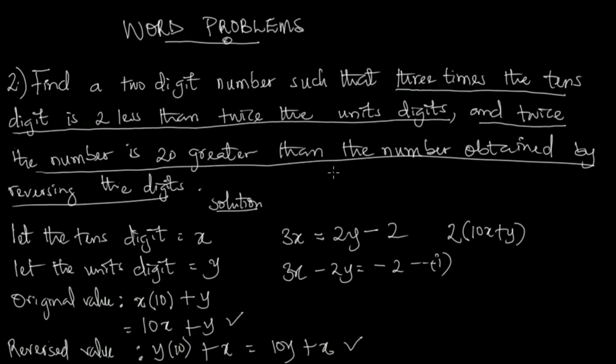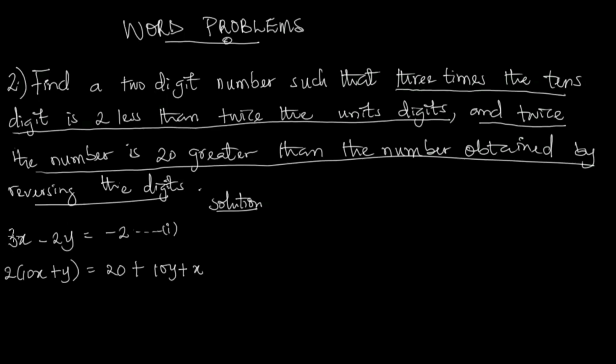So when we reverse and add 20, that's what that means. So it is equal to 20 greater than the number obtained by reversing the digits. So reversing the digits, we have 10y plus x. Okay, so I'm going to clear out everything now so we can have more space.